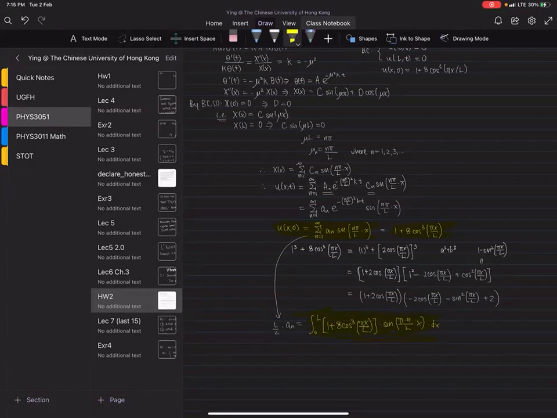I think it is still possible for you to expand that cube in terms of the eigenfunctions. It is possible. Of course, you can just do the integral, but there is a simple way to really expand the cube in terms of those eigenfunctions.